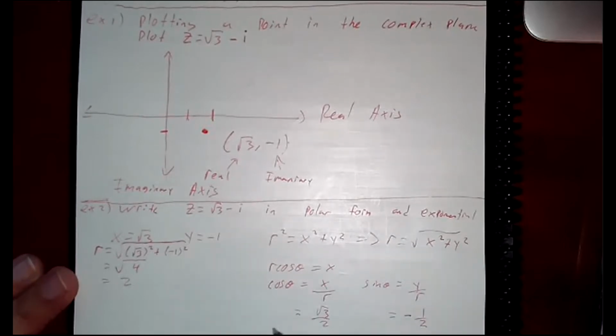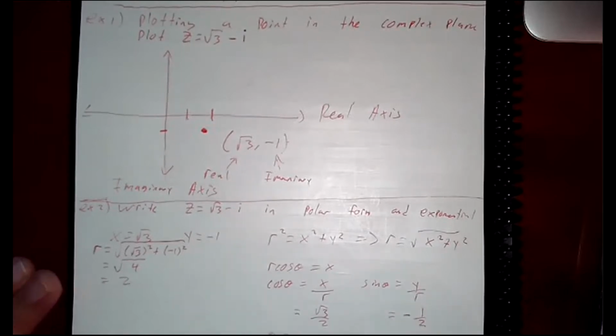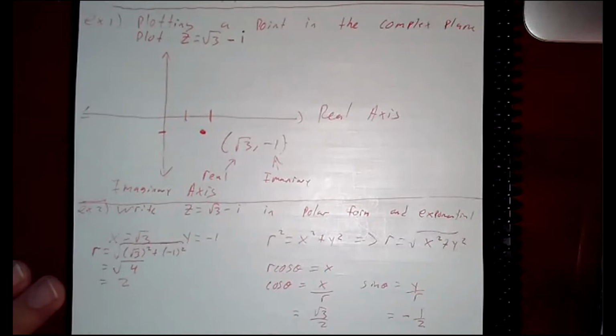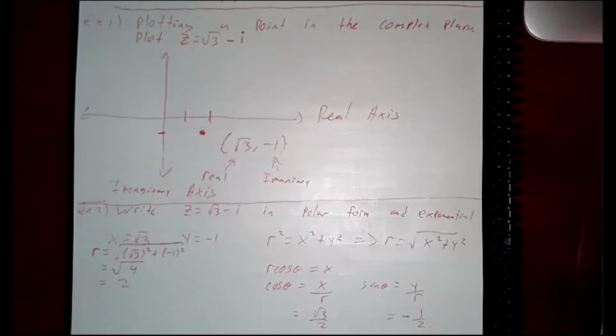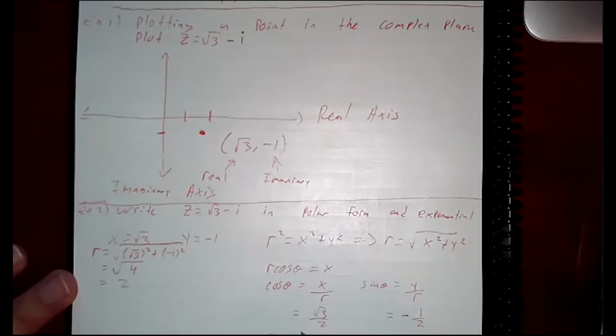So what angle would give us this on your unit circle? 7π/6. Yeah, 11π/6, right? That's what it looks like.